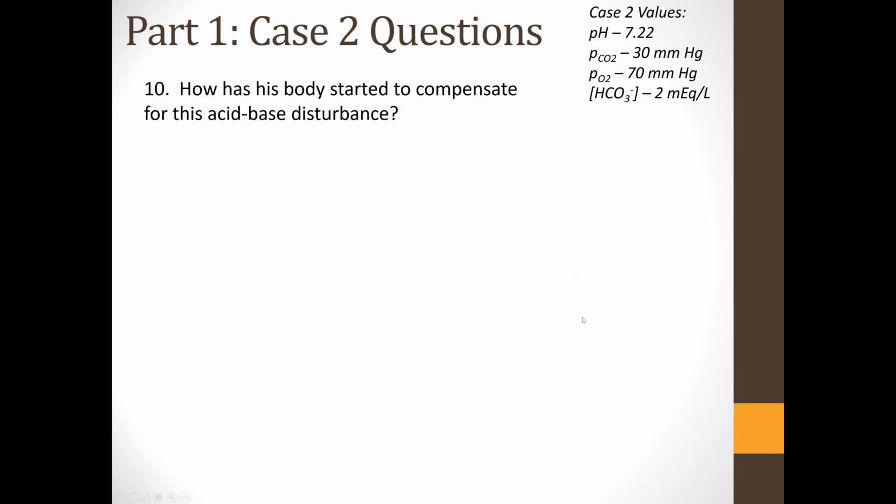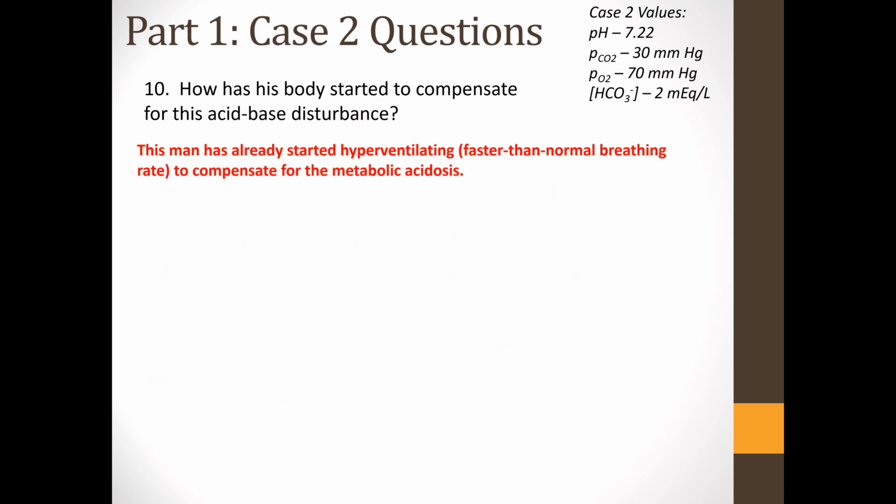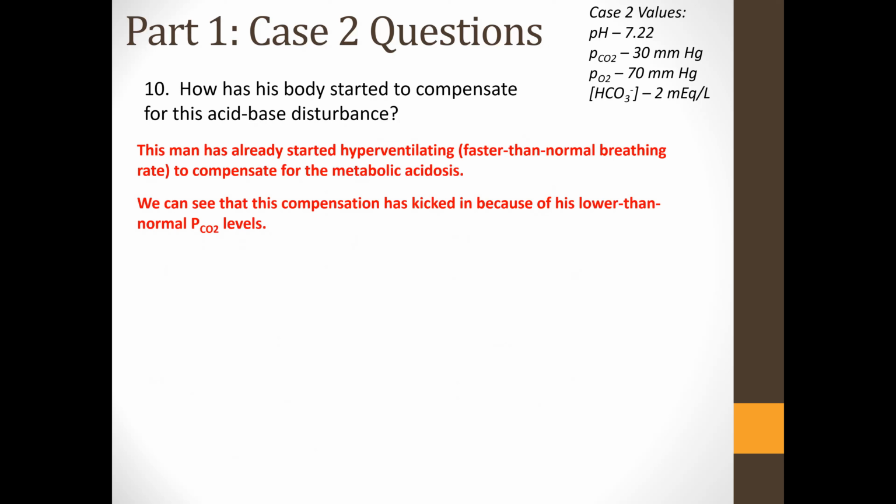So number 10, how has his body started to compensate for this acid-base disturbance? The man has already started hyperventilating, which is a faster than normal breathing rate, to compensate for the metabolic acidosis. We can see that this compensation has kicked in because of his lower than normal carbon dioxide levels.